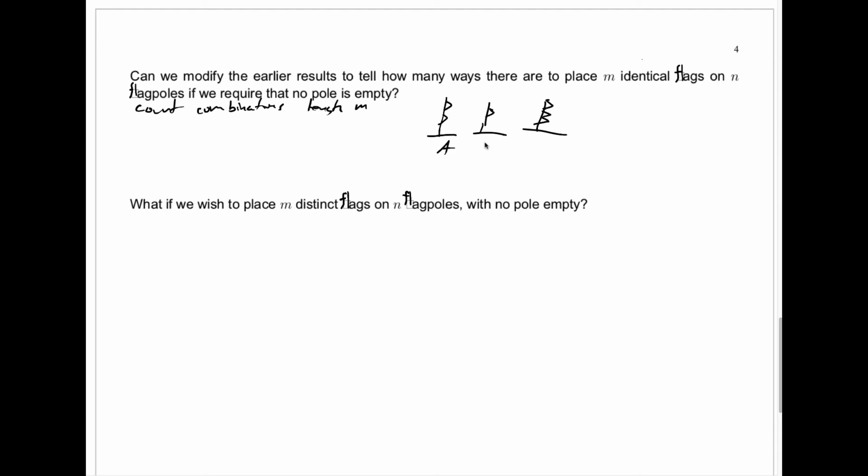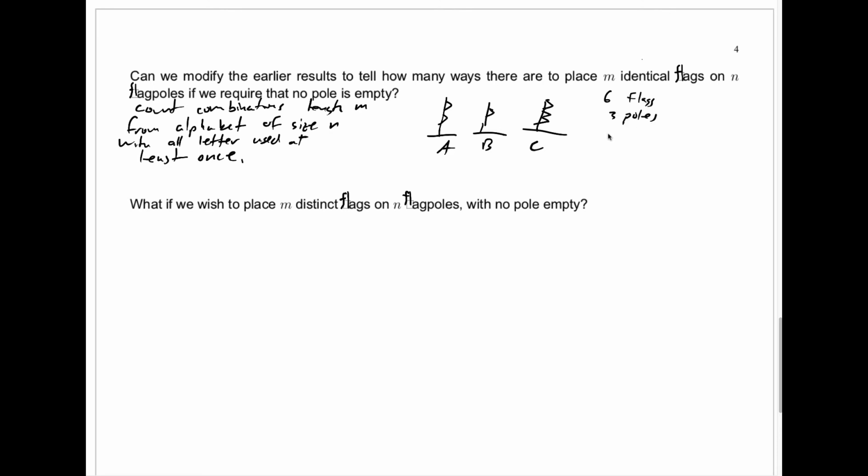Remember here the flagpoles A, B, and C. We want combinations of length m from an alphabet of size n with all letters used at least once. So here's a similar example to what we looked at before, we have 6 flags onto 3 poles.